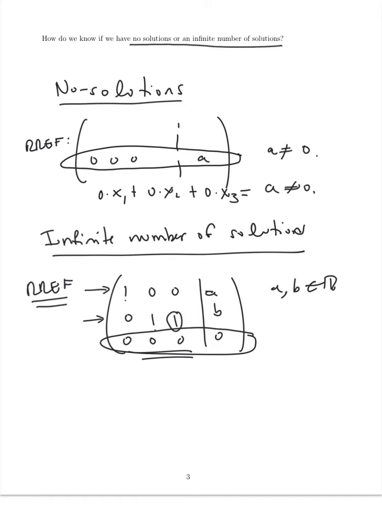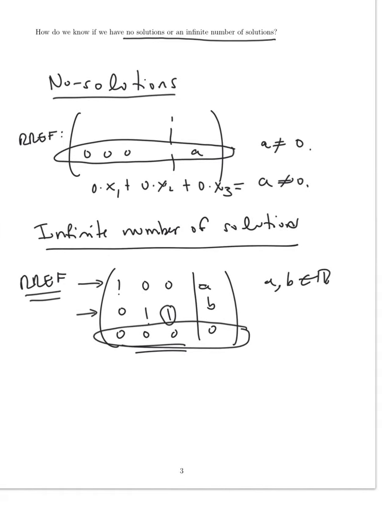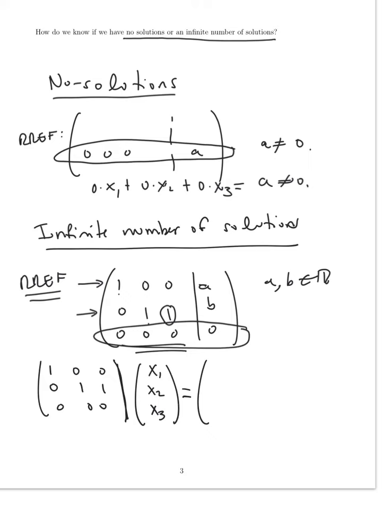So let's look at what this represents. It represents the following system: the matrix with rows (1, 0, 0), (0, 1, 1), (0, 0, 0), times x1, x2, x3, is equal to (a, b, 0).